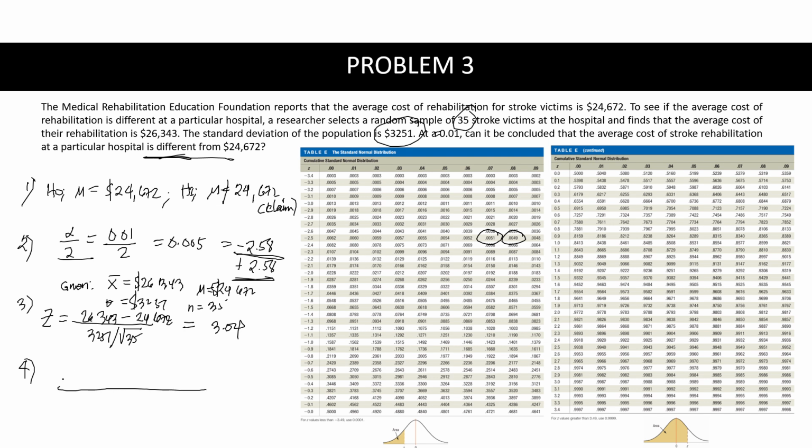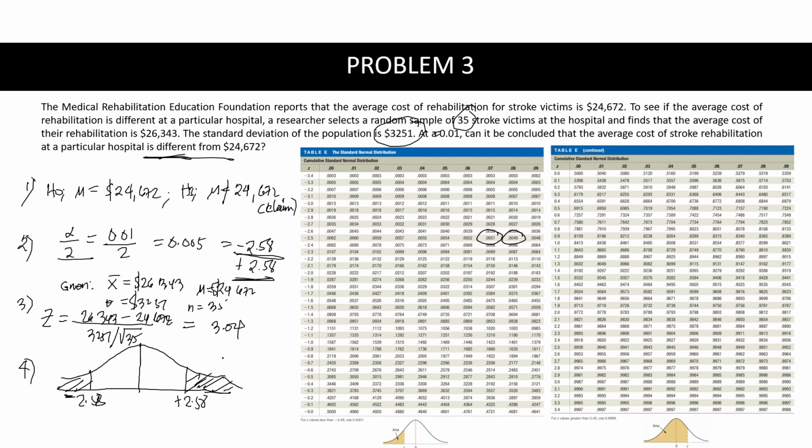And step number 4, we have to make a decision. By graphing here, this is negative 2.58 and this is positive 2.58. That is our Z critical value, so these are our critical regions.